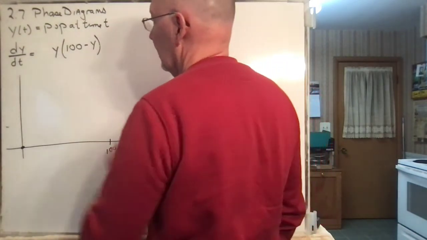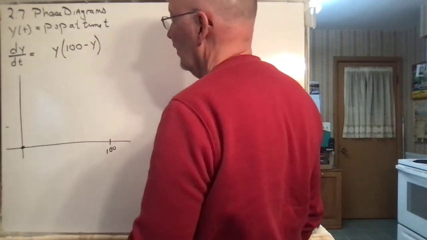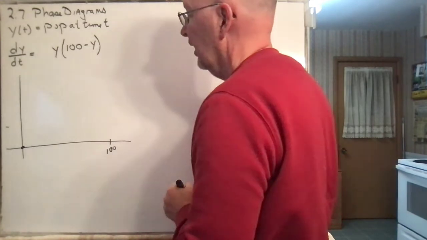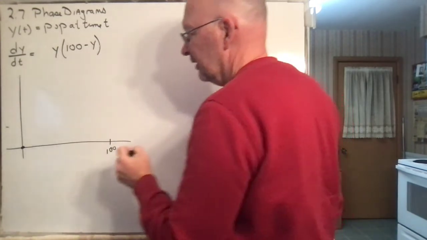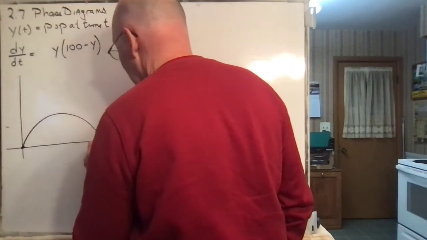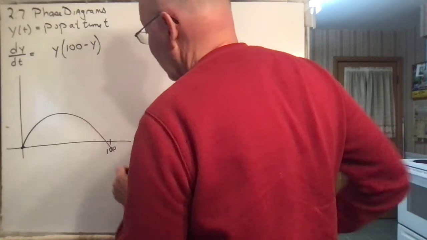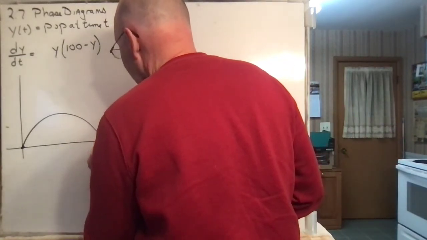And if you were to multiply that out, it's going to be a negative y squared. Negative y squared means that it's going to be a parabola that's opening downward. So it's going to look something like this. It's hard to get that. Let me just move the 100. It's easier to do right there.